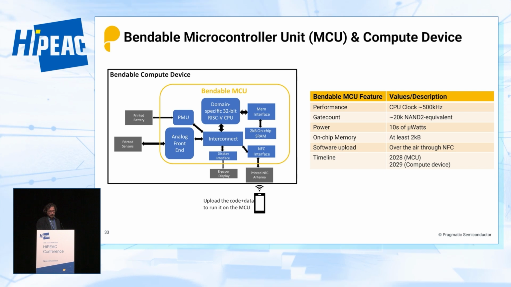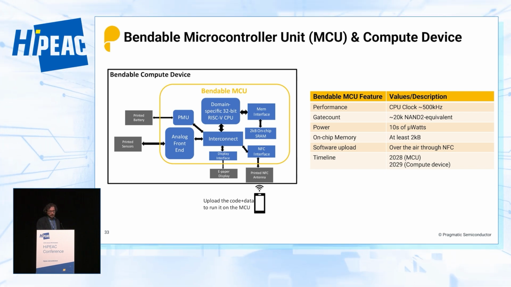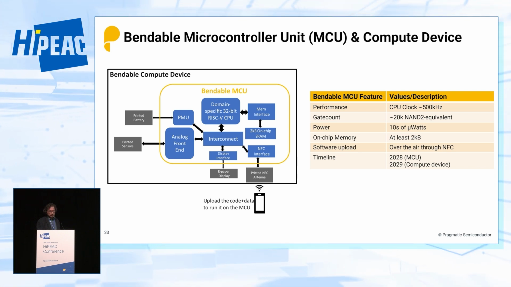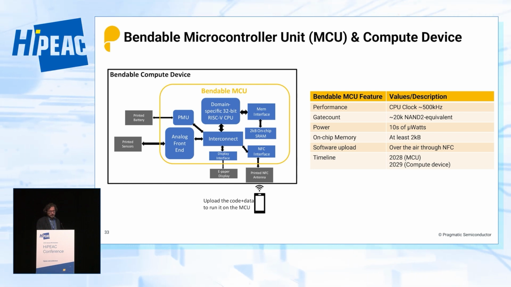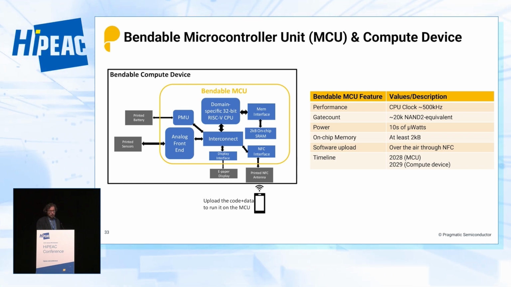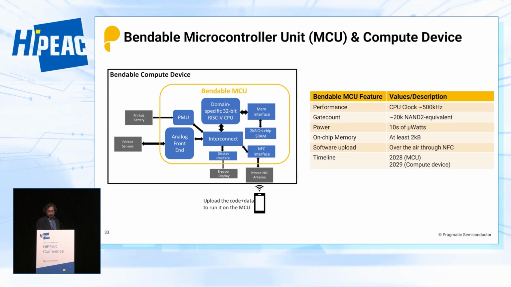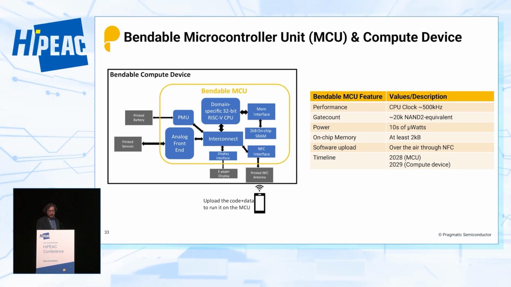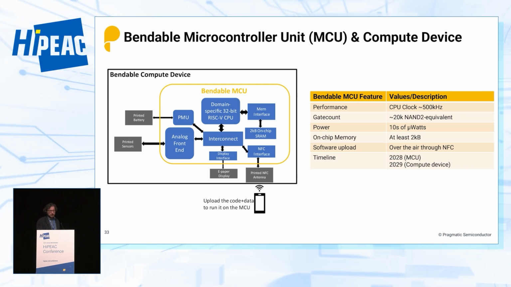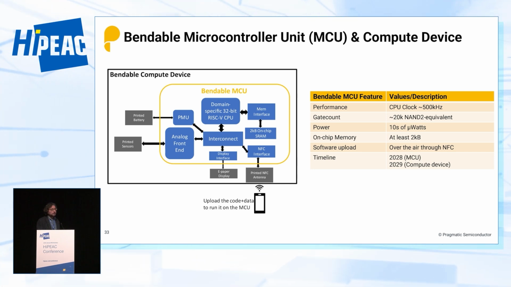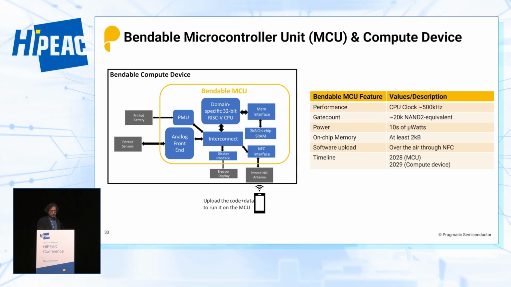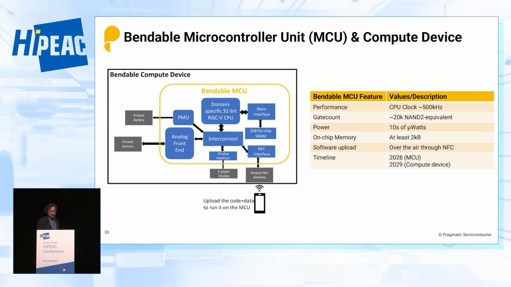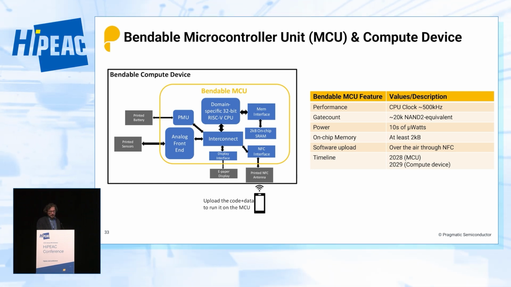But we will have all the other blocks of the MCU, like the sensor readout interface, analog front end, and NFC interface. Next, after building the MCU, we build a compute device using all flexible components coming from different partners, like printed sensors and printed batteries.